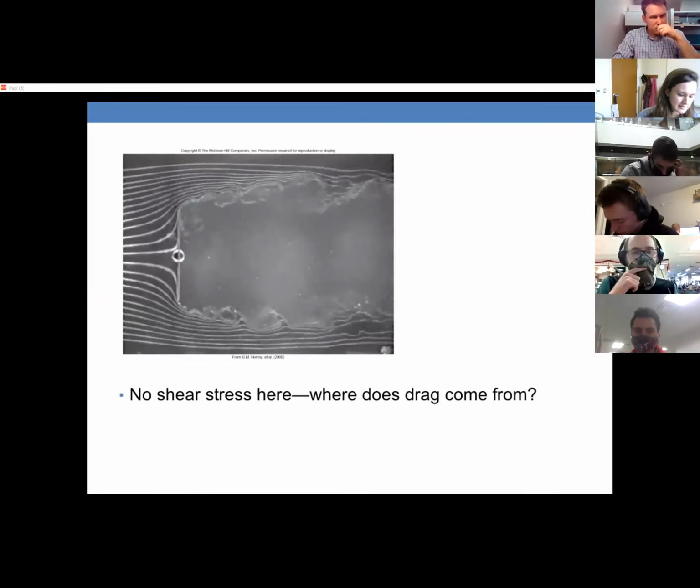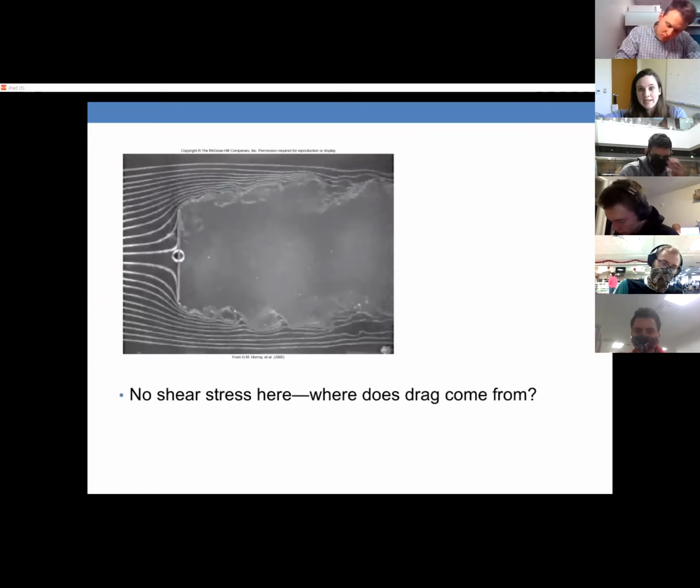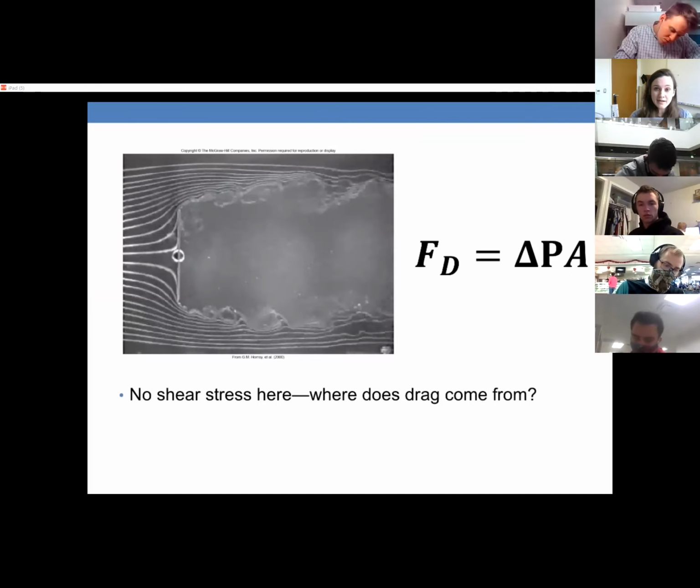So in this case, where do you think the drag comes from? Because now the flow isn't dragging along the surface. Is it fluid on fluid? Okay, well, it's a little bit more complicated than that. Where it comes from is the pressure. So before it came from the viscous forces, now it comes from the pressure.